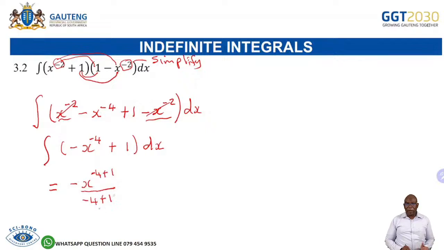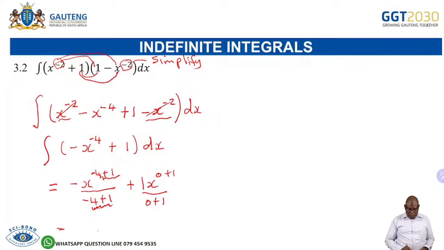I can write minus 3, but when you don't know where it comes from. So this one at the bottom here is the same as that one with the exponent. So when you're practicing, start by doing that, and when you are used to it, then you know that you are adding a 1, so it will be minus 3. Then that will be plus 1x to the power 0 plus 1 all over 0 plus 1.